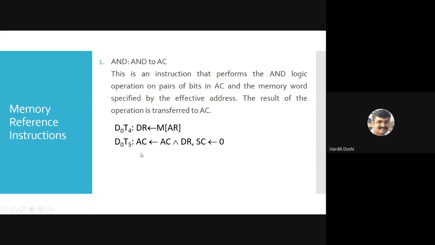At that time the ending takes place. See, AC and DR. Result is stored in AC. Is it fine? And again, if any instruction completes its execution, then the sequence counter is made to be 0. This is what we did.